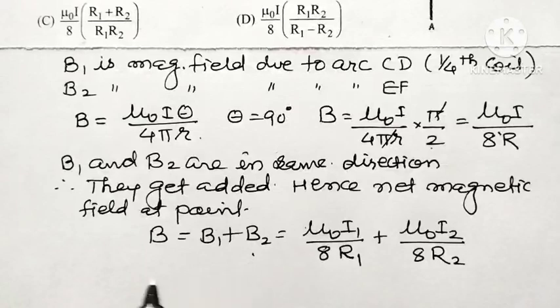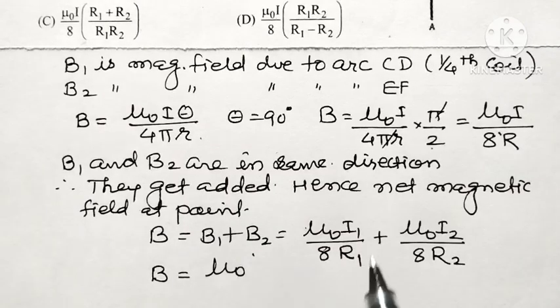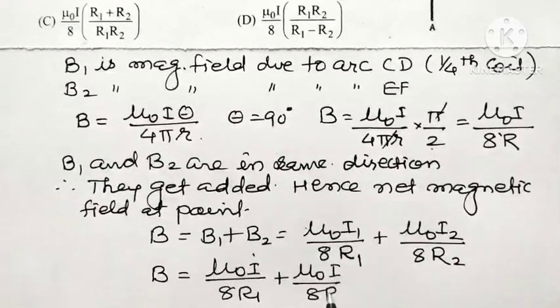Now what can be taken as common? B is equal to mu 0 divided by 8. Since current I1 and I2 are same, it is mu 0 I divided by 8 R1 plus mu 0 I divided by 8 R2, or mu 0 I divided by 8 is taken as common.